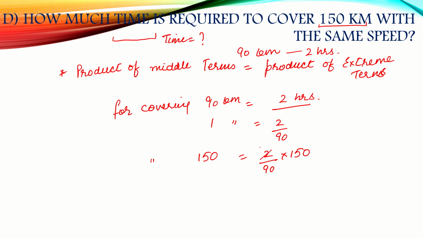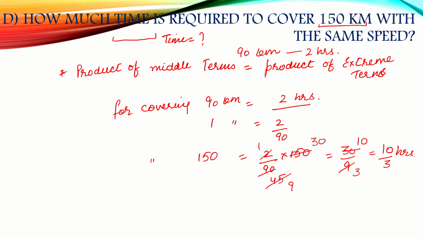Now 2 ones are 2, 2 45s are 90, 5 9s are 45, 5 3s are 15, and 0. I'm left with a fraction. 3 3s are 9, 3 10. So I'm left with 10 by 3 hours. But I cannot leave the answer in fractional form.